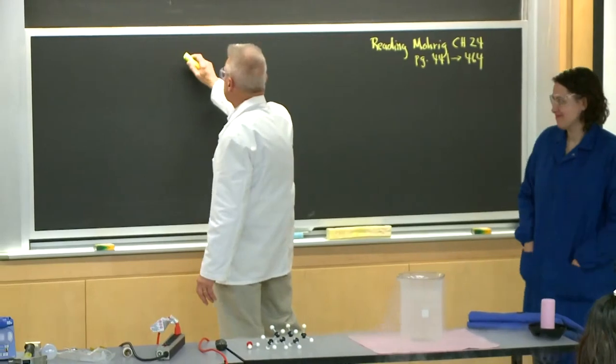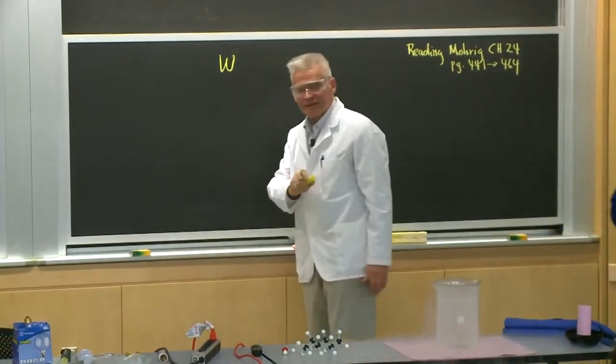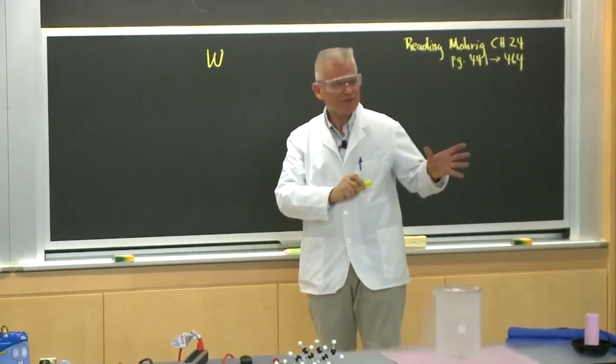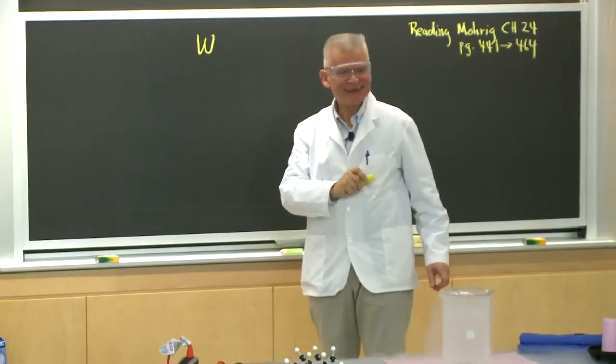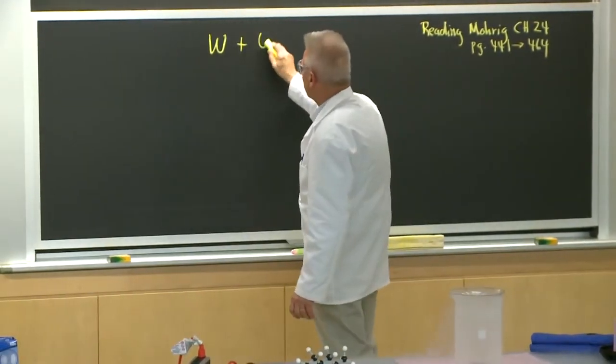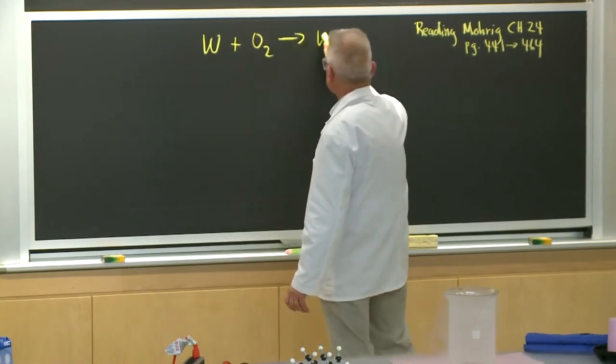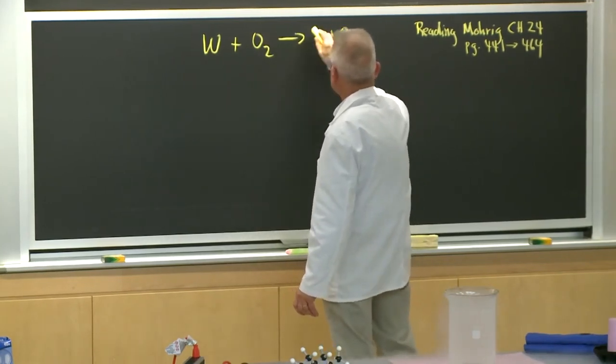So in case you're interested, tungsten. Has anyone read Oliver Sacks' book, Uncle Tungsten? It's a great book. You've got to get that. Tungsten plus oxygen goes to tungsten oxide.